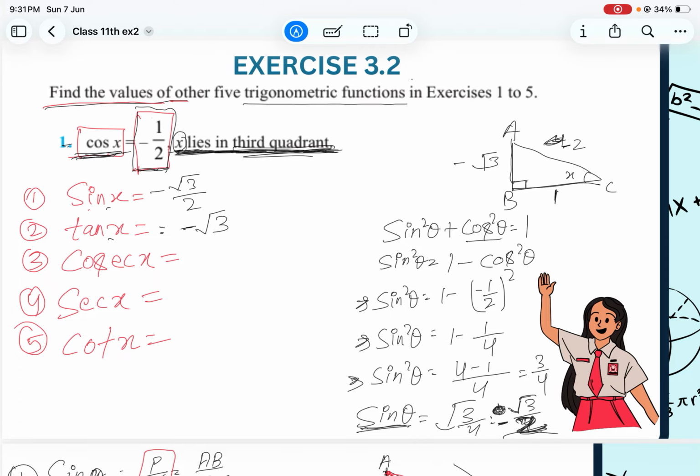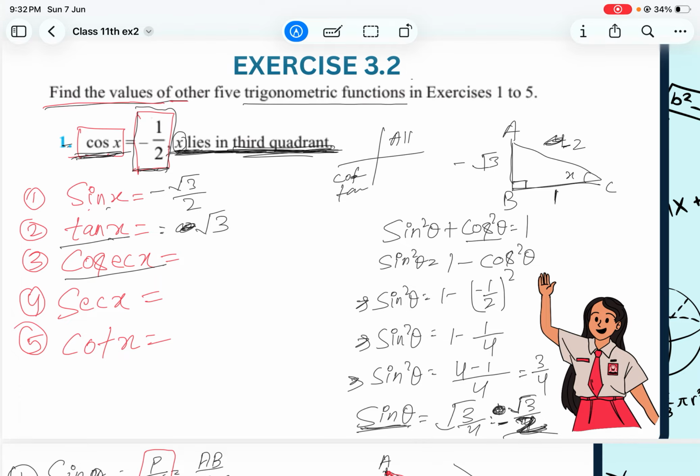Because this x is in the third quadrant, here cot and tan will be positive, so tan will be positive.